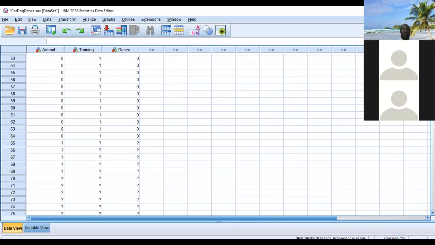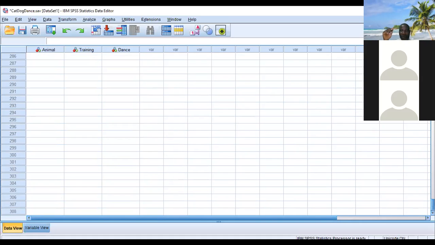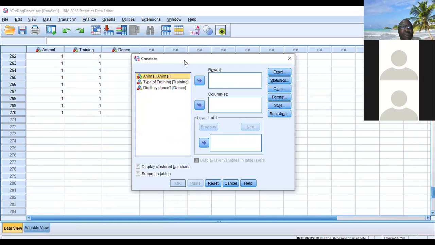Okay, let's first of all do cross tabulation. Analyze, Crosstabs. Make the row the type of training.